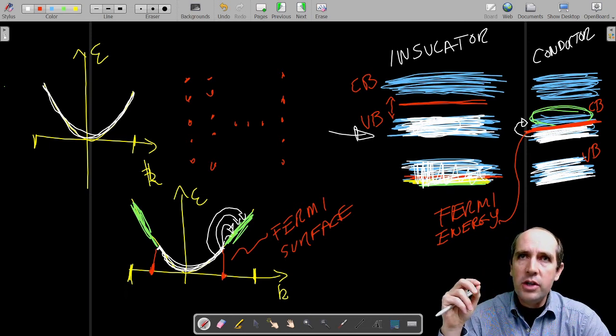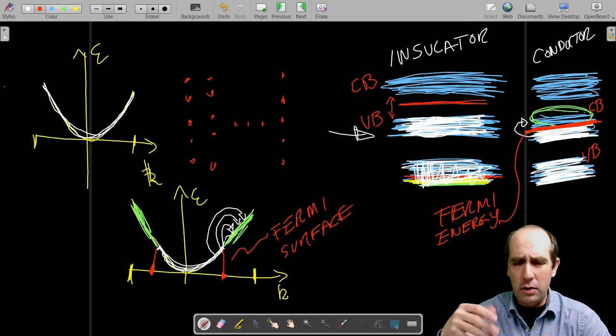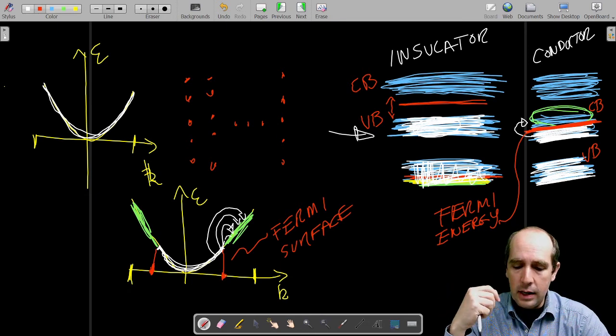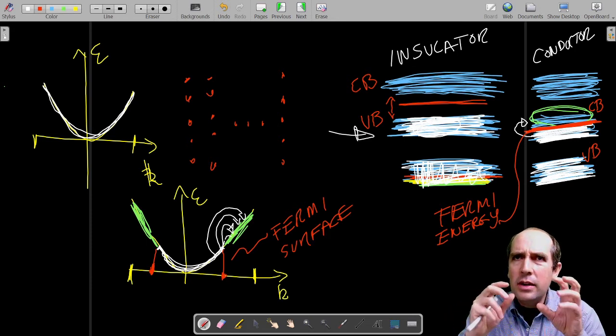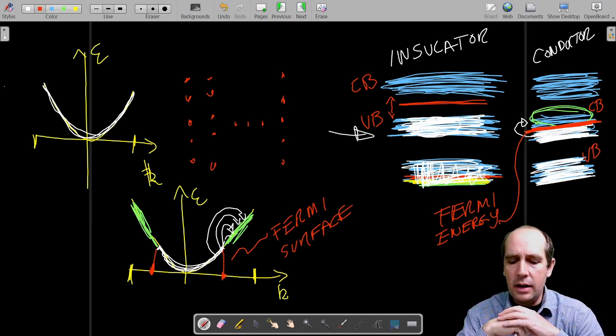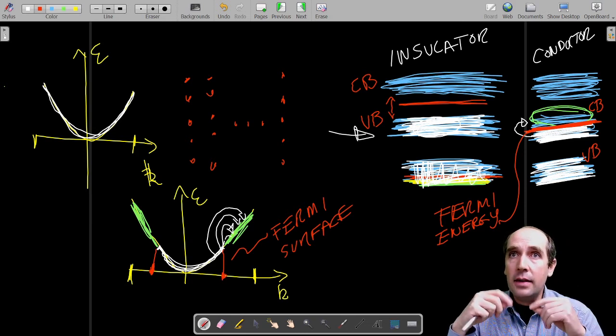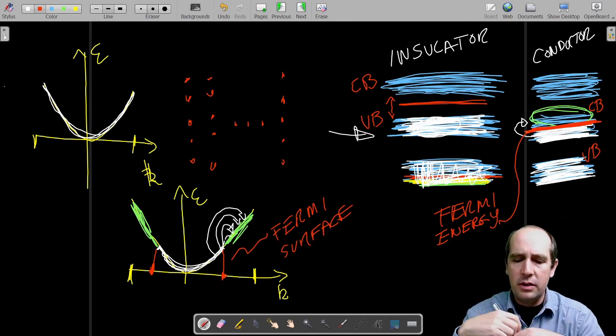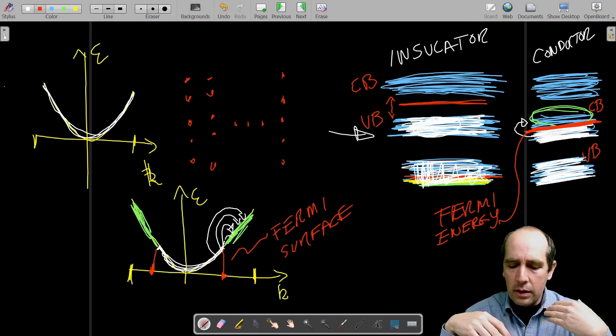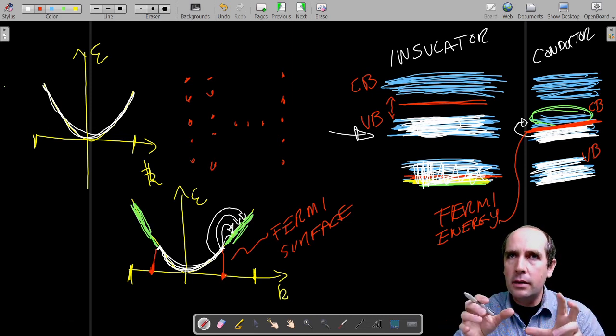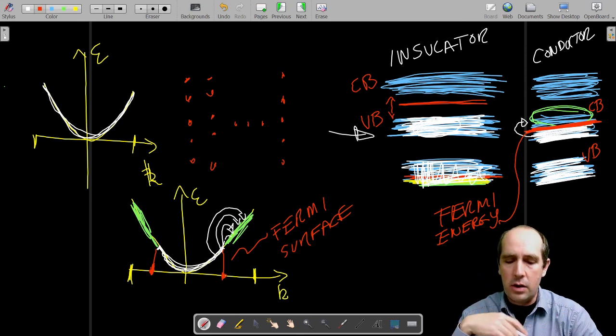We can make small changes to the composition, to introduce a few impurities or dopants, we call them, in the lattice structure, and by controlling the number or the amount of these impurities, we can decide what the conductivity is, and even the type of carriers. It doesn't really matter too much at this point, but we can basically tweak the conductivity of these materials by introducing chemical changes in their composition.